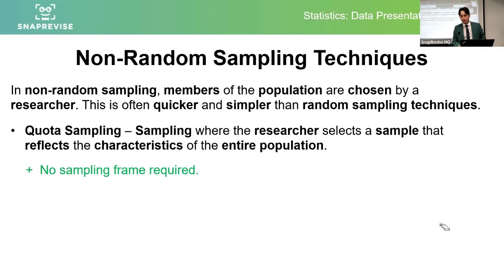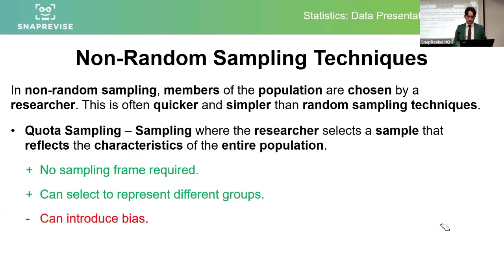So no sampling frame required means we don't need that whole massive register of everyone and then do it all fairly and be really organized. We can just let the expert choose the people. And the expert can select people based on their understanding and knowledge in the correct different groups, but it could still introduce bias.